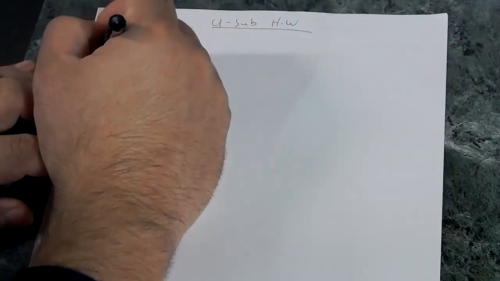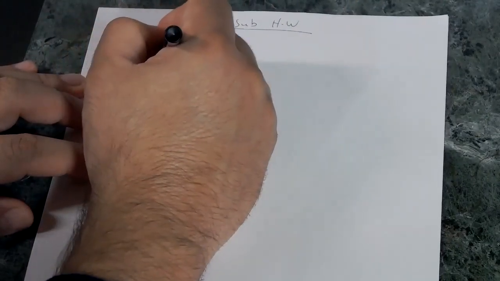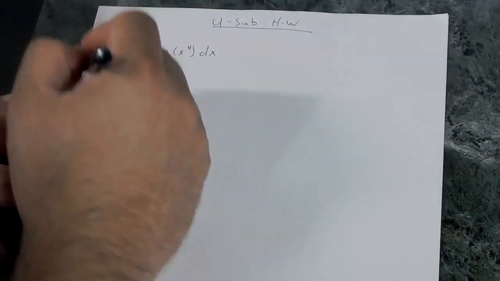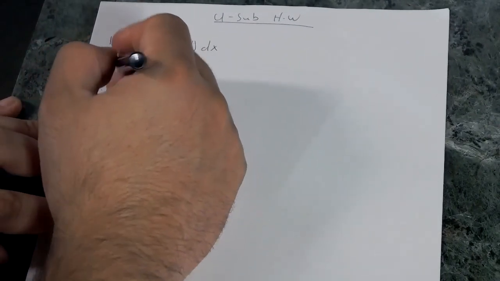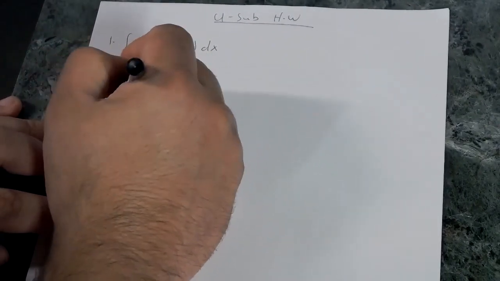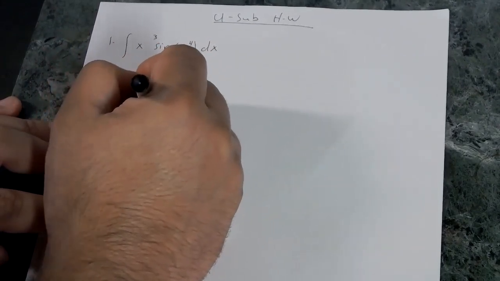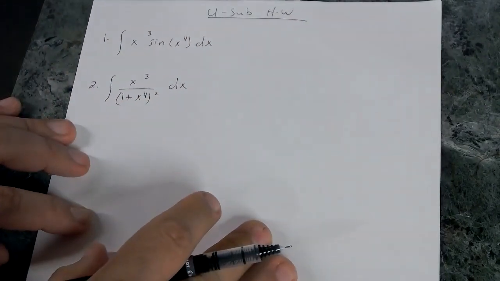Number 1, integrate x cubed sine of x to the 4th dx. I want you to integrate x cubed over 1 plus x to the 4th squared dx.